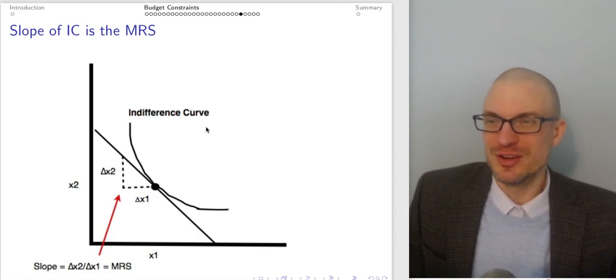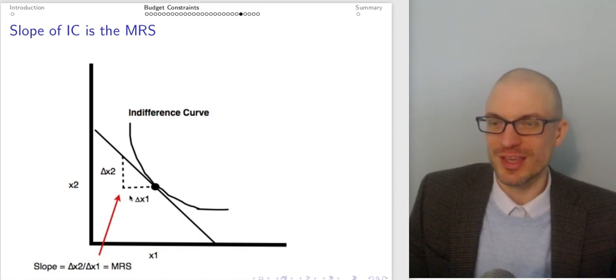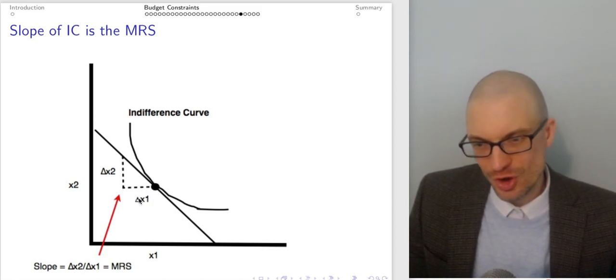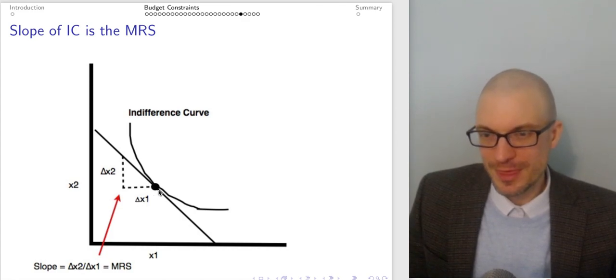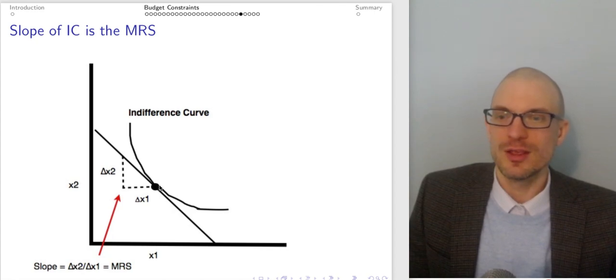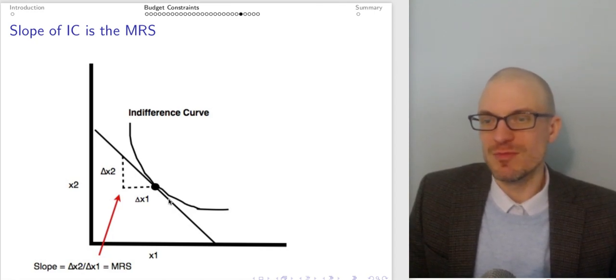All right, so here the slope of the indifference curve is the marginal rate of substitution. Here I'm just giving the calculus argument, right? If we change our consumption of good one by a little bit, think about what's happening if this change gets infinitesimally small, then this becomes a derivative. That's a slope at the point. The derivative is the slope of the line tangent to the point, so this line gives me the slope of the indifference curve at that point.